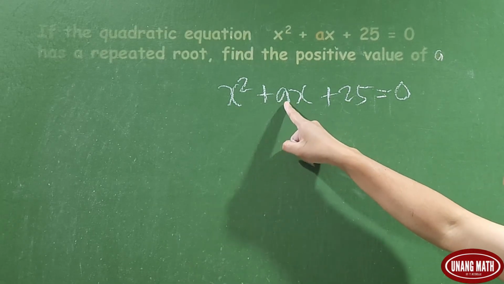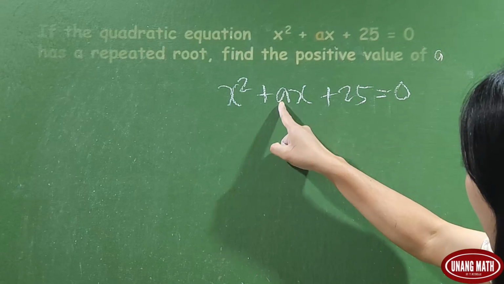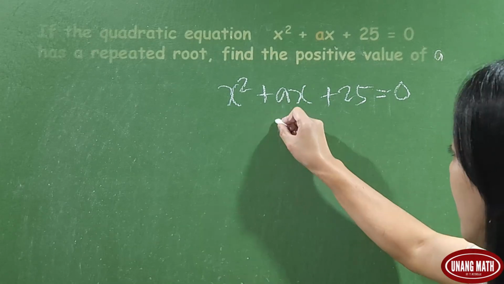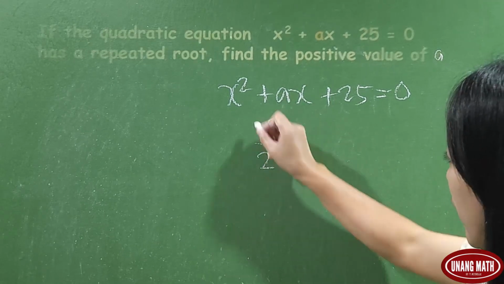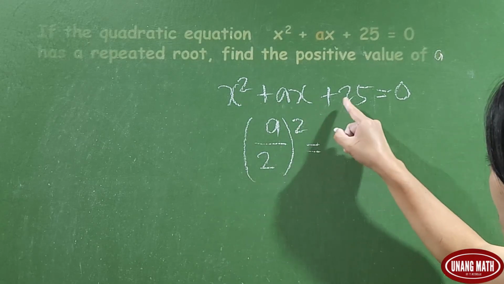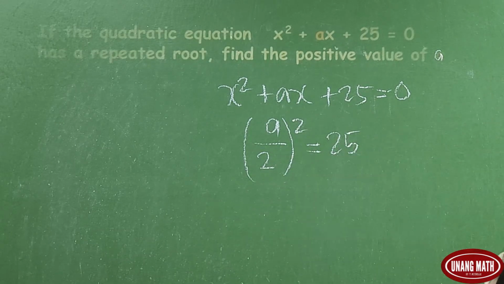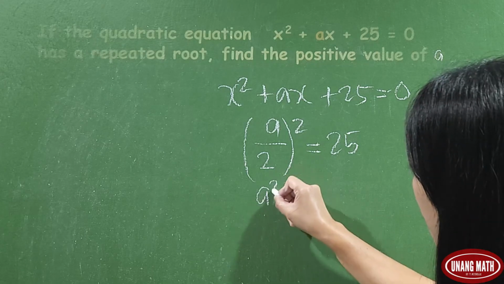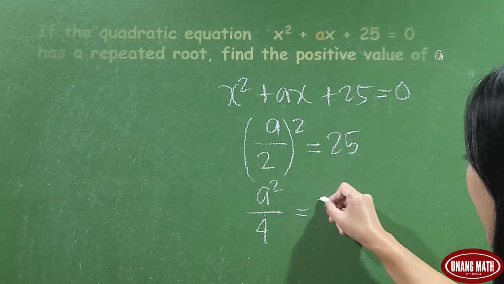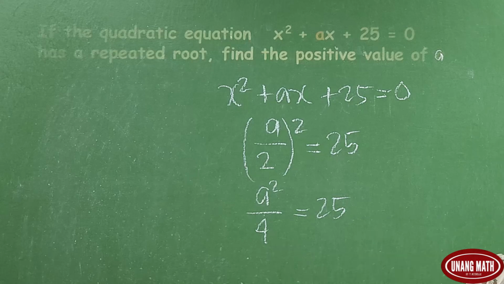To find the positive value of a, this is our middle number a. Divide it by 2, squared. It must be equal to 25. So a squared over 4 is 25.